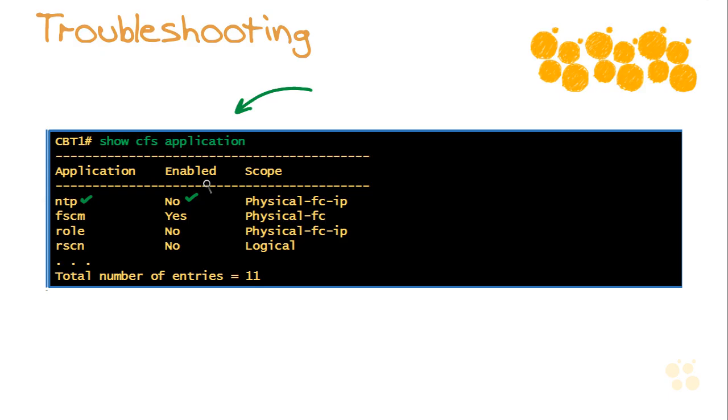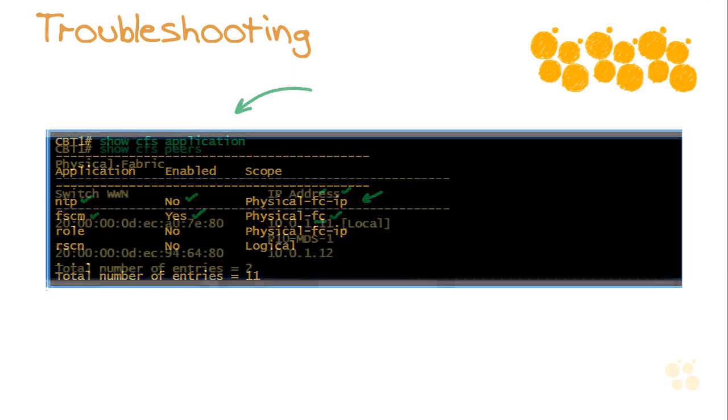We can see that the scope of NTP would be the physical device, and it's capable of Fibre Channel and IP utilization. If we look at Fabric Services Configuration Manager, this particular service is indeed enabled, and this is a physical scope as opposed to a logical one utilizing the Fibre Channel infrastructure. So, show cfs application is going to be a key element in our troubleshooting here.